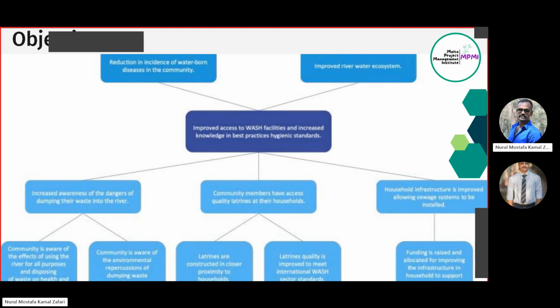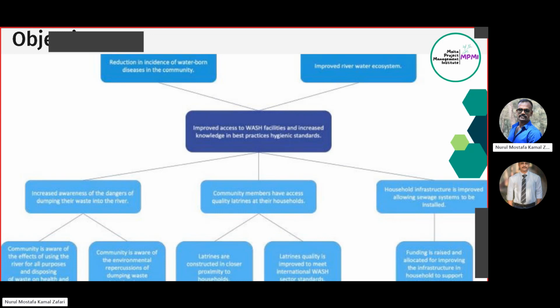Our objective is to make sure that people have access to wash facilities and they have increased knowledge of hygienic standards so that they will not dump fecal waste and household waste into the river, and they will not use bad latrines, and also they can control the sewage.